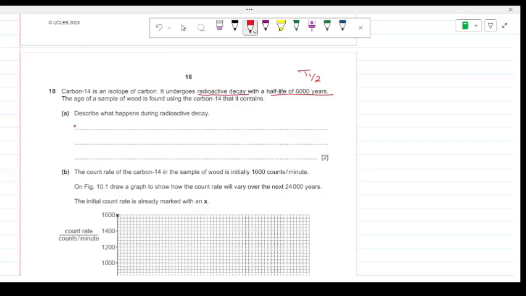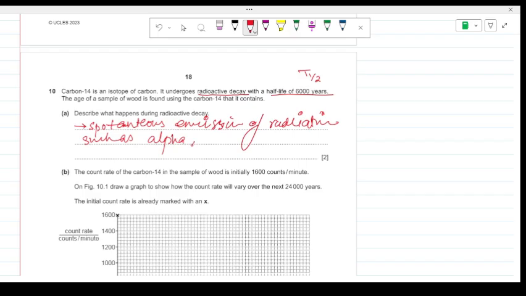So radioactive decay is the spontaneous emission of radiation such as alpha, beta, and gamma radiations.